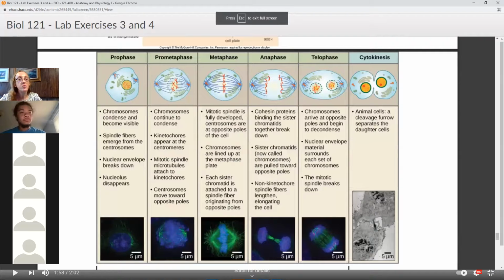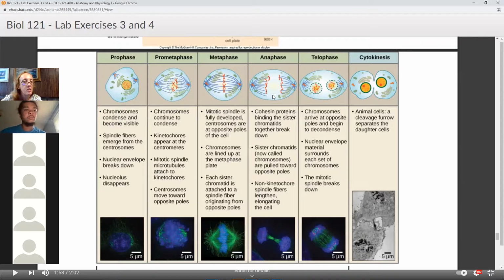As a general scheme, in prophase, chromosomes condense and become visible. Spindle fibers emerge from the centrosomes. The nuclear envelope breaks down. Chromosomes continue to condense in prometaphase, and the mitotic spindle attaches to the kinetochores on the chromosomes. In metaphase, the chromosomes are lining up at the metaphase plate in the middle.